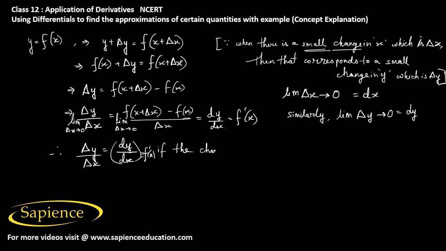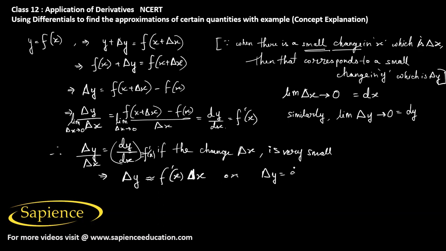if the change delta x is very small. It means that delta y can be written as approximately equal to f dash x into delta x, or we can write that delta y equals dy by dx into delta x.